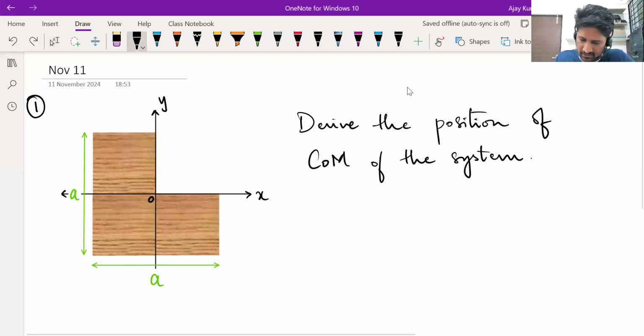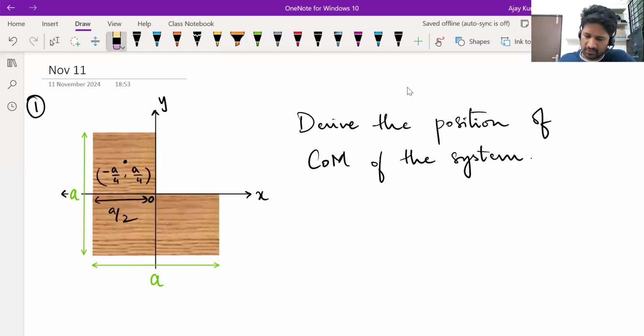First square has its center here. If the total side is A, then this will be A by 2 and half of it will be minus A by 4. X coordinate is minus A by 4. Y coordinate is plus A by 4. Those are the coordinates of center of mass of the first square part.